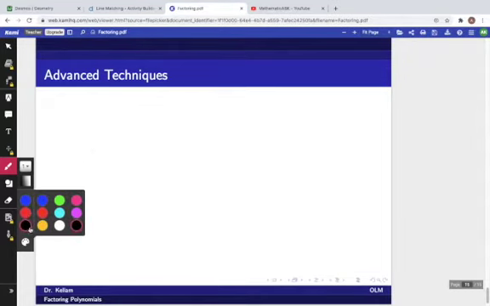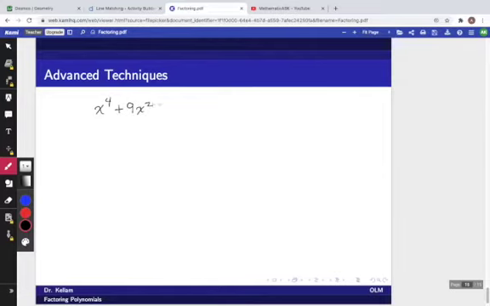For example, this x to the 4th plus 9x squared plus 81. We see this as a trinomial, and we start thinking, okay, what multiplies to give me 81 but adds to give me 9, and we can't think of anything because it doesn't really exist. If this were 18, that would be a different story.